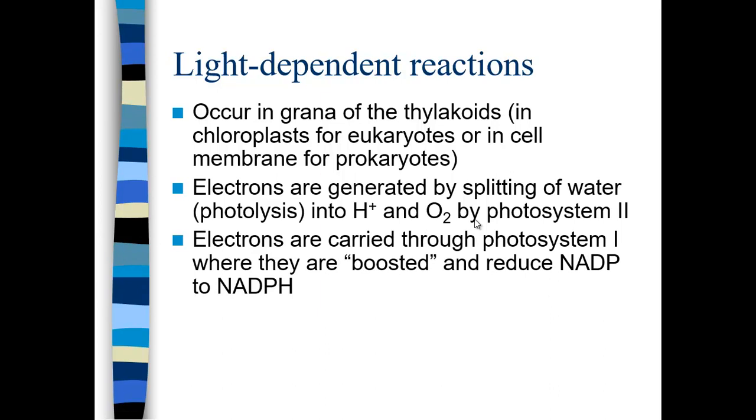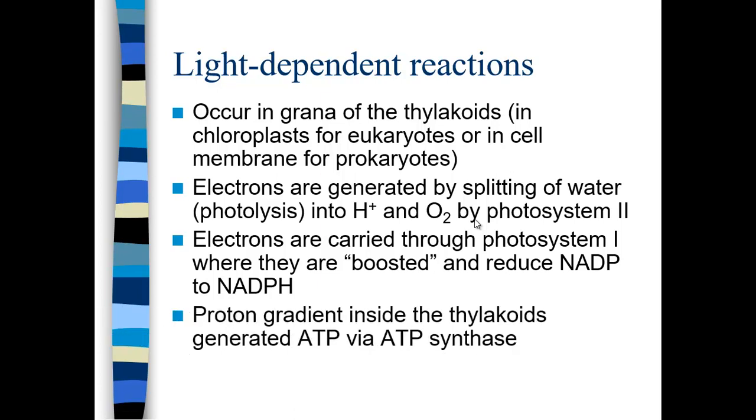Photosystem II excites electrons to form ATP, and then the electrons are carried through photosystem I, where they are excited a second time, and they are used to reduce NADP+ to the electron carrier NADPH. There is a proton gradient inside the thylakoids.